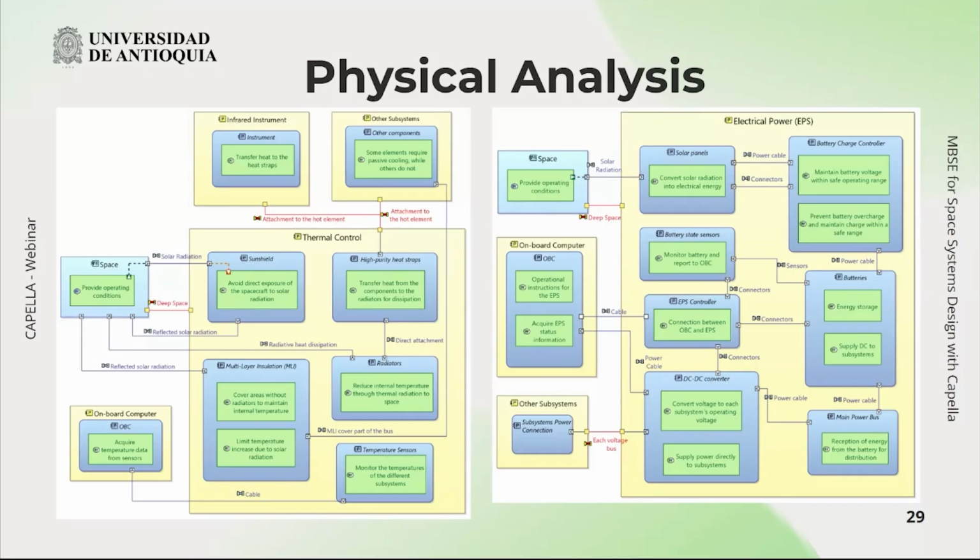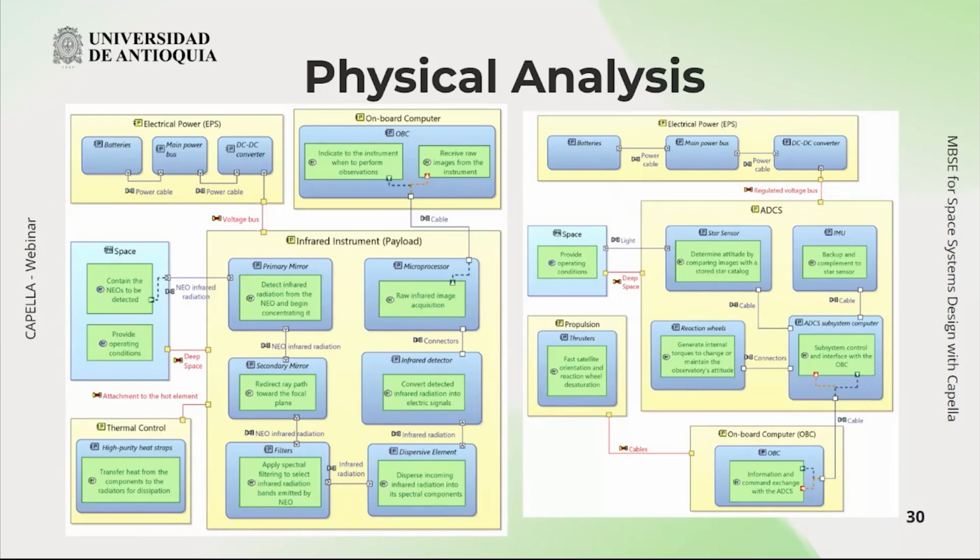And the mechanism for the thermal management, in this case, is a cooling mechanism with radiators. And as you can see here, it is attached to the hot element with high purity heat straps. And it's the same process with all the subsystems. We did it with that level of detail.